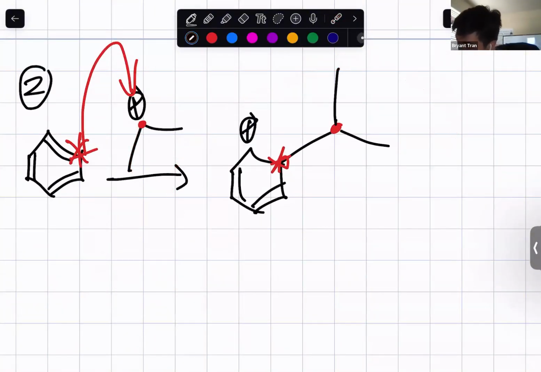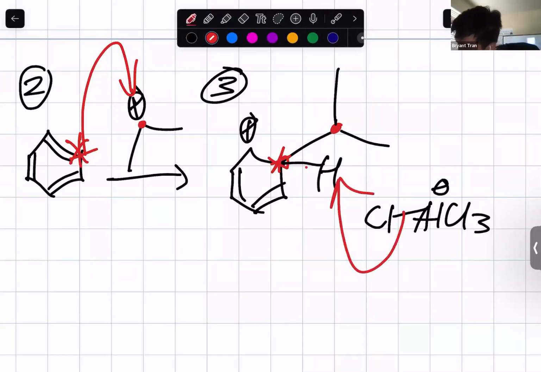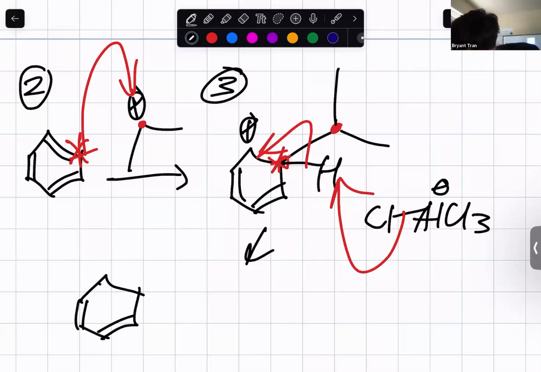And now the third step here is to restore the aromaticity, right? So the base that we're going to use here is going to be the good leaving group that left earlier, the AlCl4, where the chlorine is going to grab that proton, E1 type mechanism to restore that aromatic benzene structure.